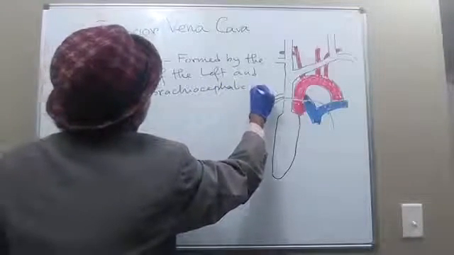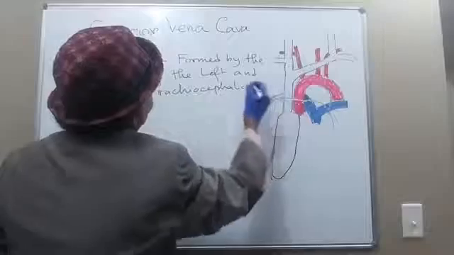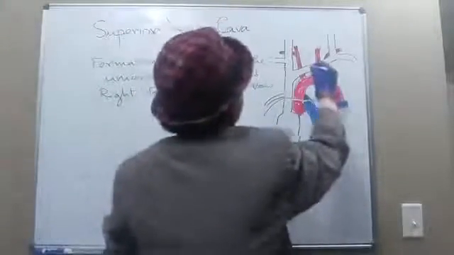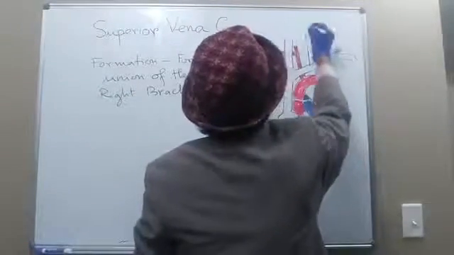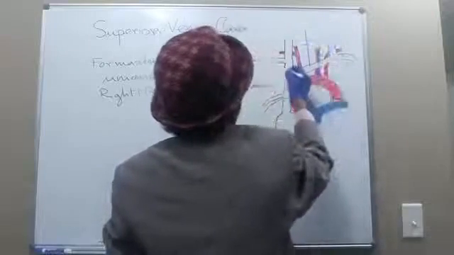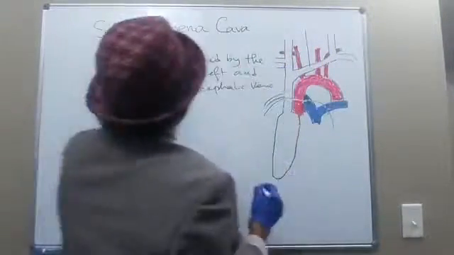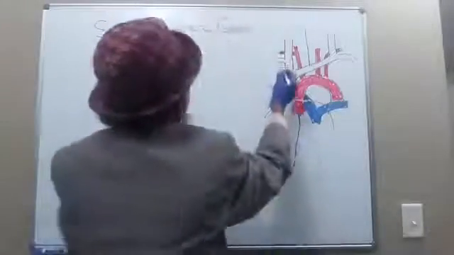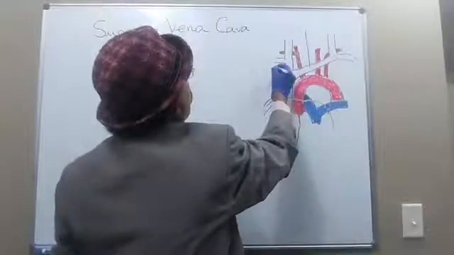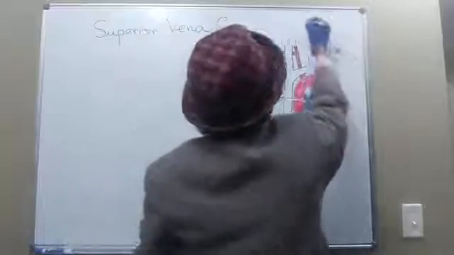So this is the left brachiocephalic vein, and this is the right brachiocephalic vein. Number 1, right brachiocephalic vein.